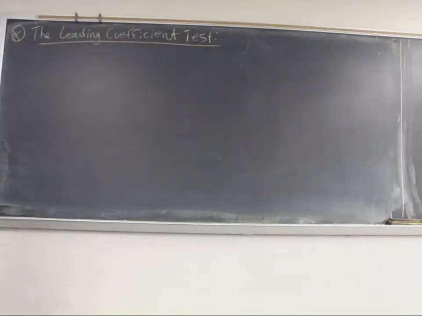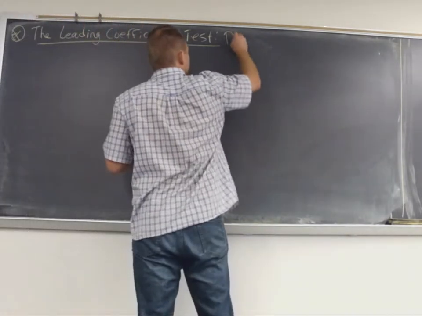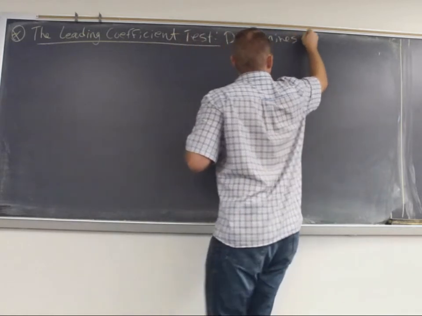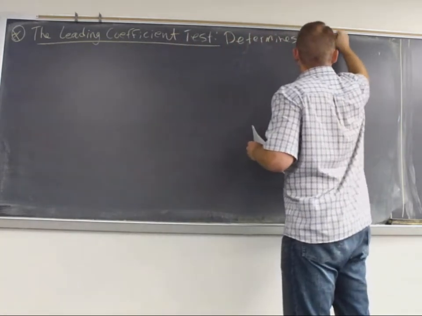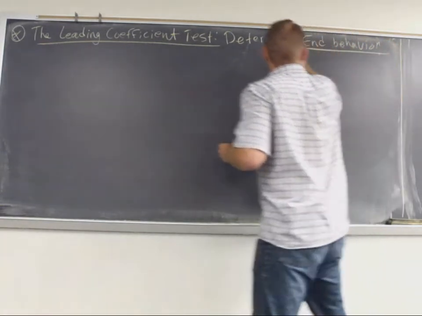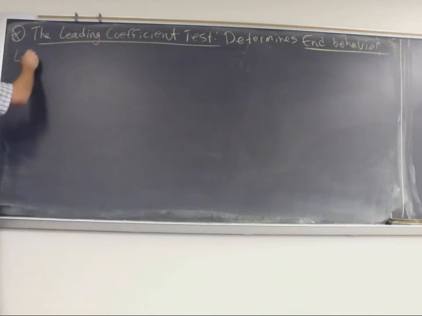All right? So the leading coefficient test, I already said this, determines end behavior. And I wrote this a second ago, but we're going to write it just so you have it in your notes and it all flows.